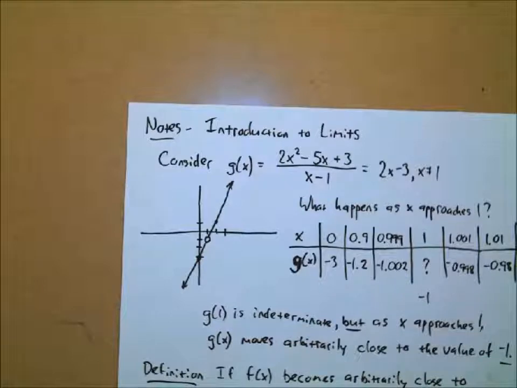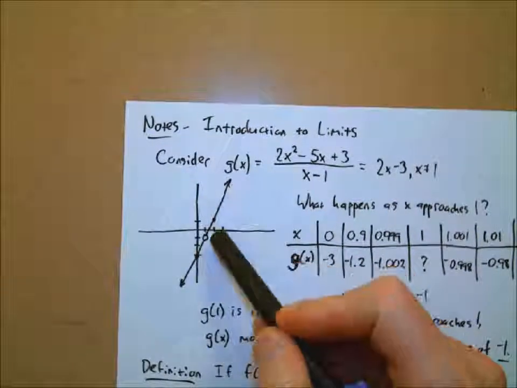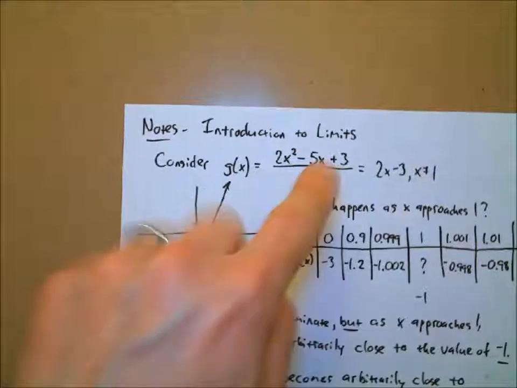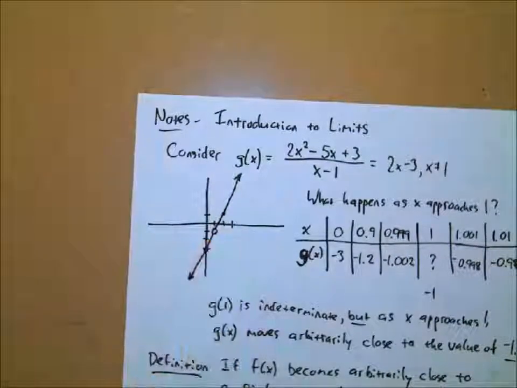But if we were to approach 1 from the left and from the right, then it looks like there should be a value in there to fill in that hole, so to speak. There should be a value, and it should be -1. And that's kind of the idea. So there isn't one there, but we can still approach it and still get a value that we're approaching at least. But it's still not the value at 1. The value of this at 1 does not exist, because there's the hole there. Does that help clear it up a little bit? Yeah. All right, and if you have more questions, let me know. Is that good then? Okay.